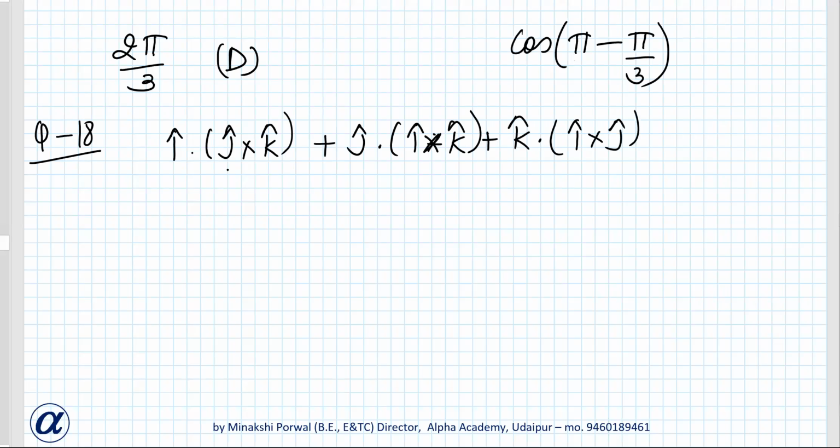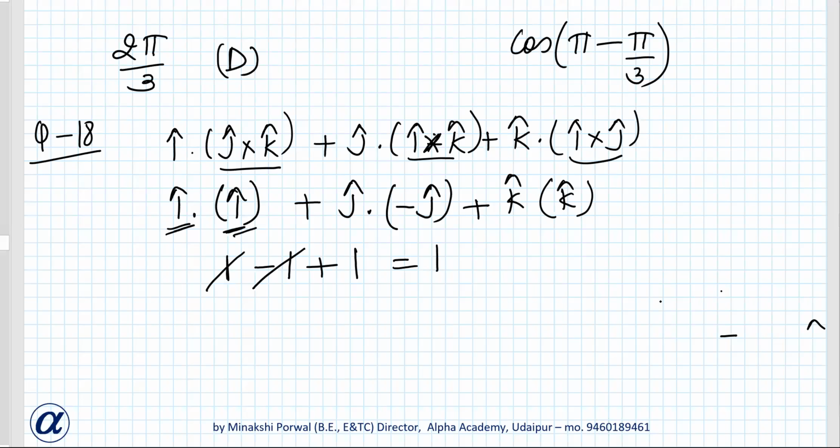So j cross k is equal to what, Sahil? Is it clear? Yes, ma'am. You have to actually remember all these things and you have to practice this. Okay. Yes, ma'am.